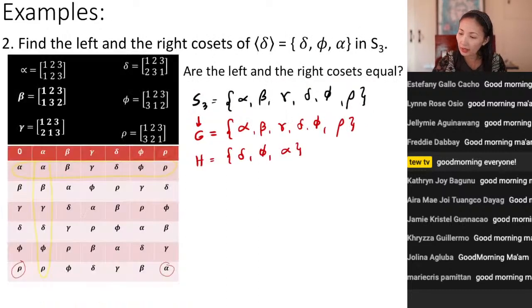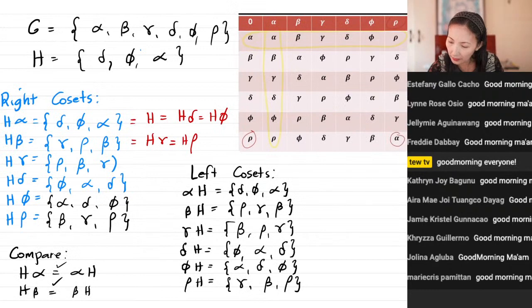In like manner, for the right cosets of S sub 3, we only have two right cosets here because the rest are equal to the previous two.